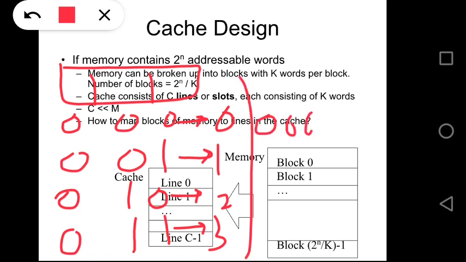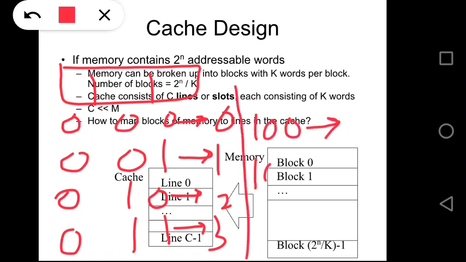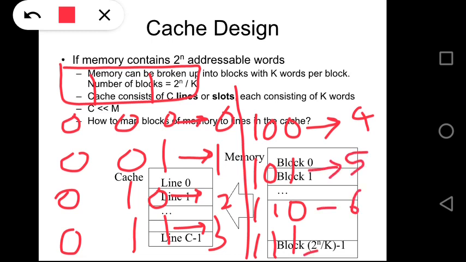Similarly, I can have 1 0 0, 1 0 1, 1 1 0, 1 1 1. This is 4, this is 5, this is 6, this is 7. So using 3 bits, I can identify 8 memory words.